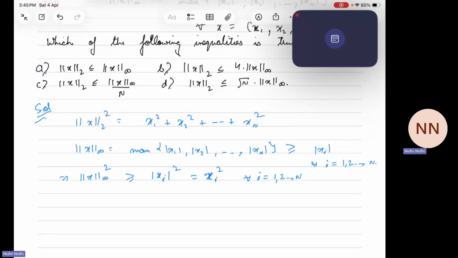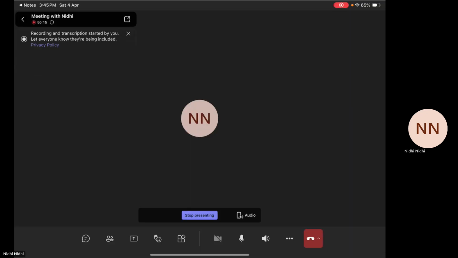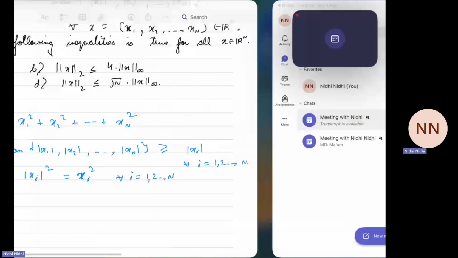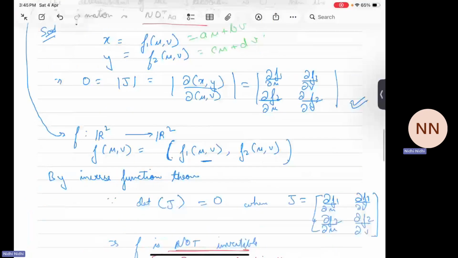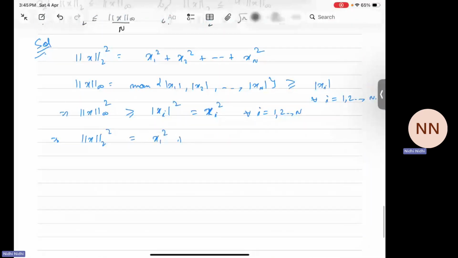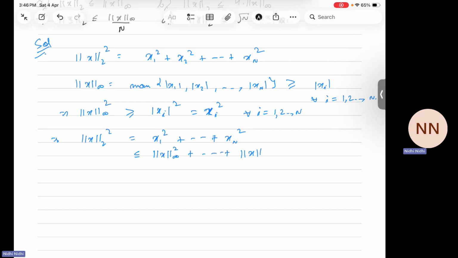That means the Euclidean norm square, which was equal to x1 square up till xn square, has all these xi square less than or equal to the supremum norm square, so I can write it as less than or equal to the supremum norm square, n times.